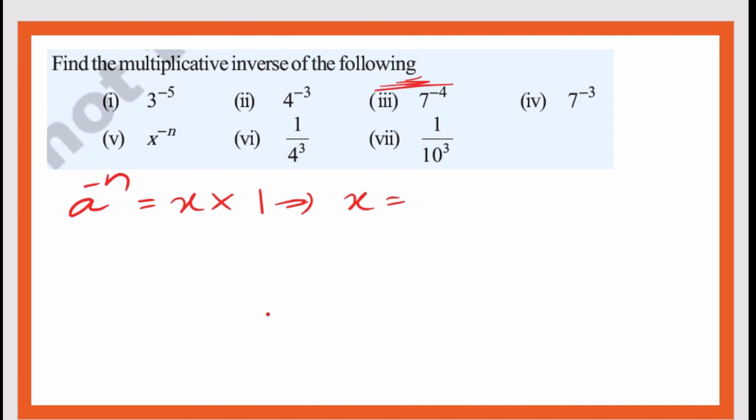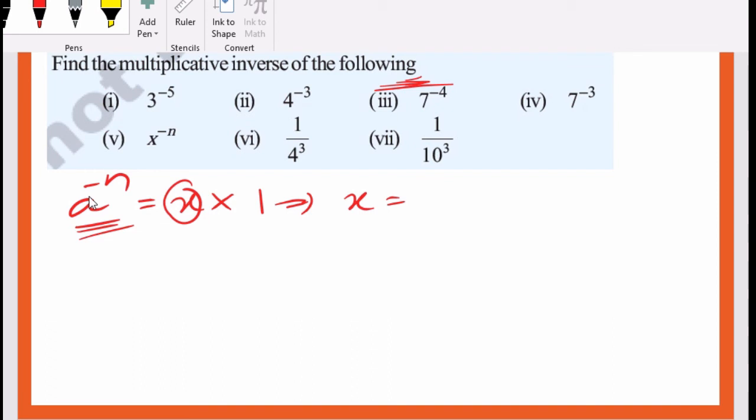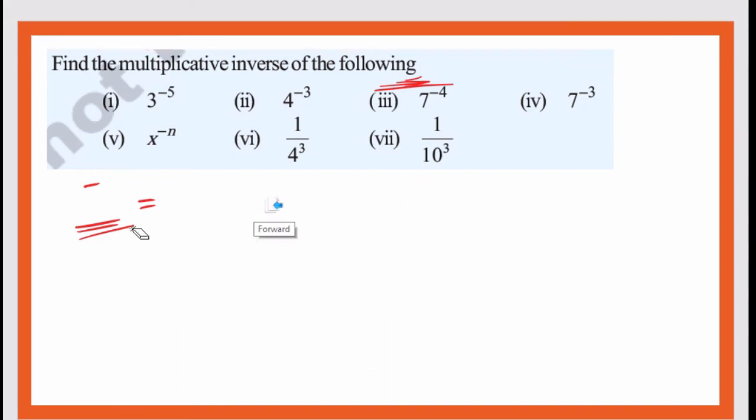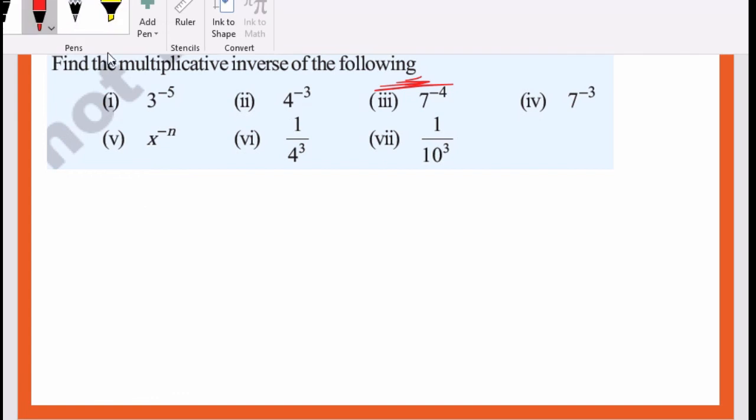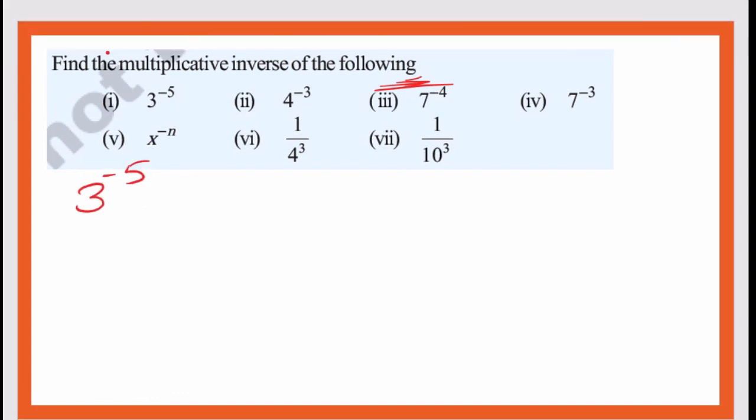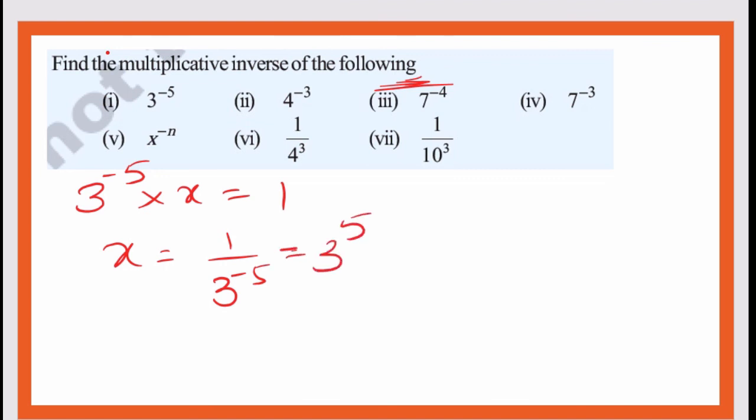So 3 power minus 5 is there, what should I multiply to make it 1? So x is equal to 1 by 3 power minus 5, which is nothing but 3 power 5. That means 3 power 5 is the multiplicative inverse of 3 power minus 5.